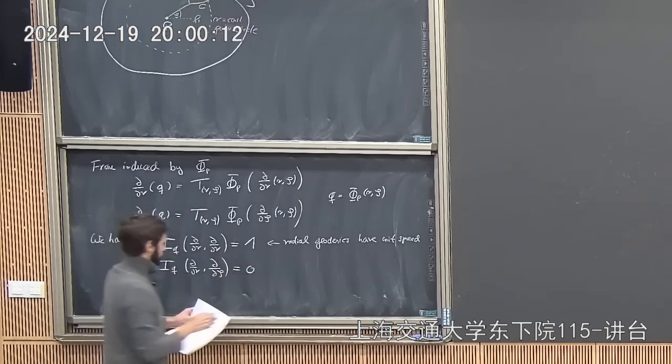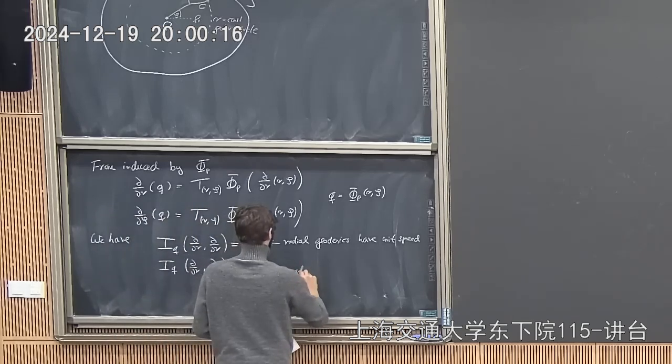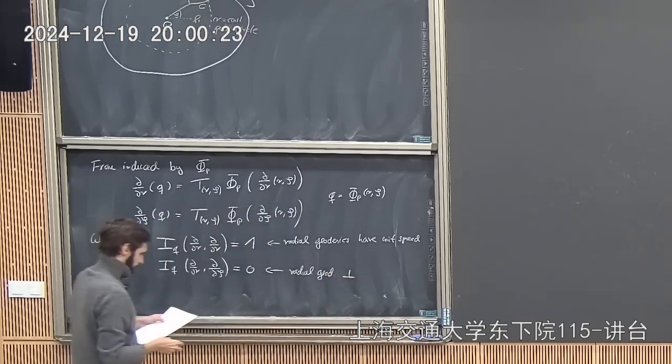The geometric interpretation of this is that the radial geodesics are orthogonal to the polar circle.